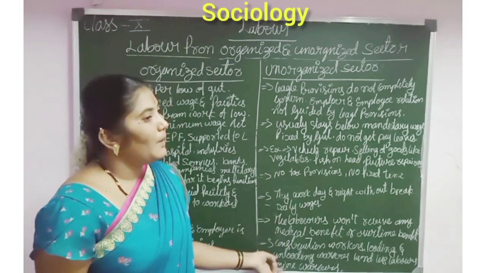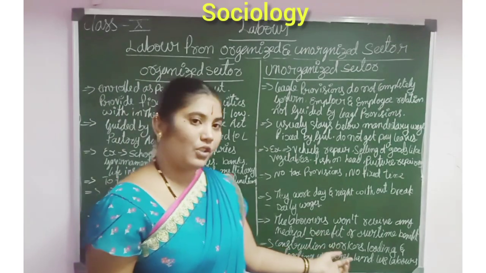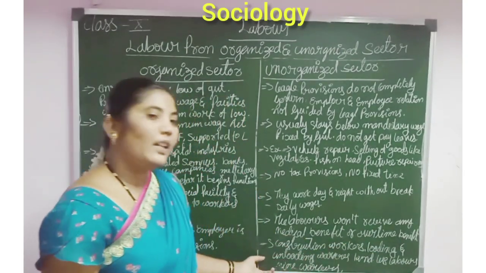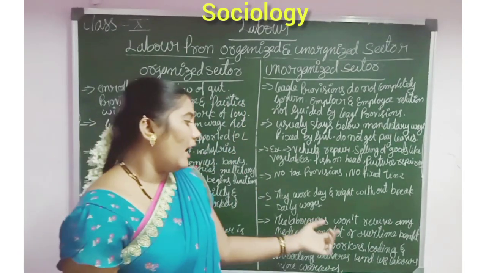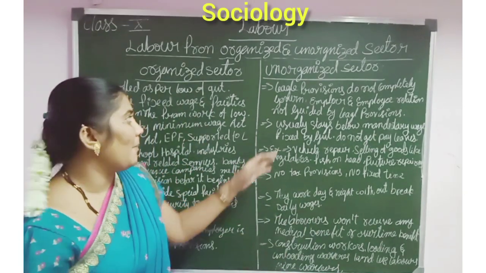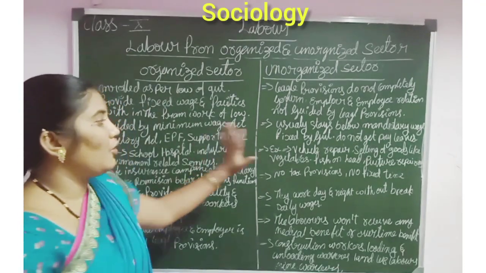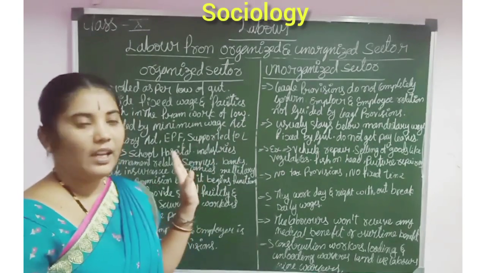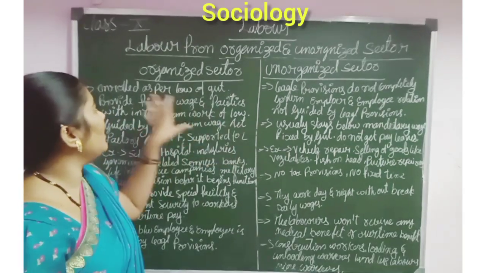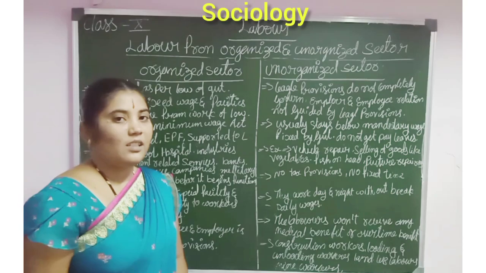Some more people also come under the unorganized sector: construction workers, loading and unloading workers, landless laborers, and mining workers. These 6 points you should write in the exam. Okay, these are the differences between organized and unorganized sector laborers.